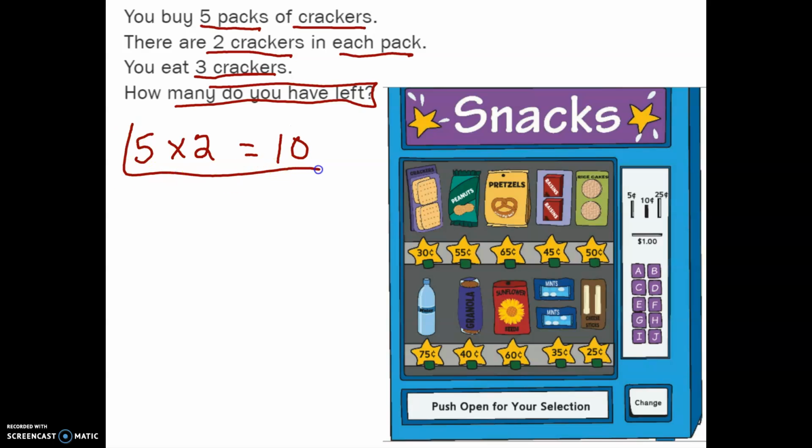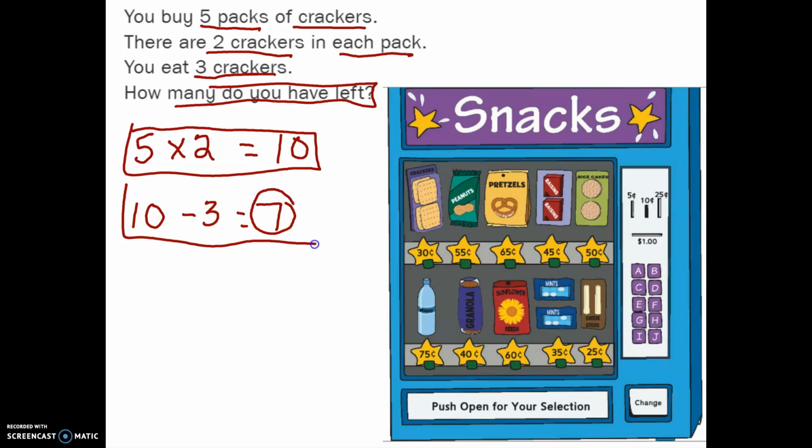That's my first number sentence. I eat 3 of the crackers. Well, if I have 10 crackers and I eat 3 of them, that's going to be a subtraction problem. 10 minus 3 equals 7. I have 7 crackers left. This is an example of where I'm going to be writing 2 number sentences in order to solve the problem.